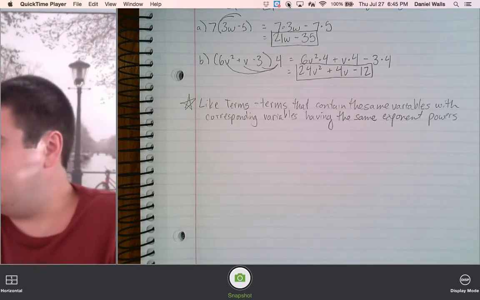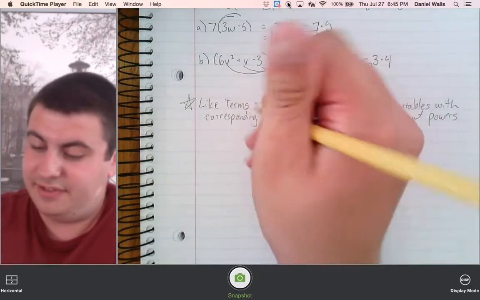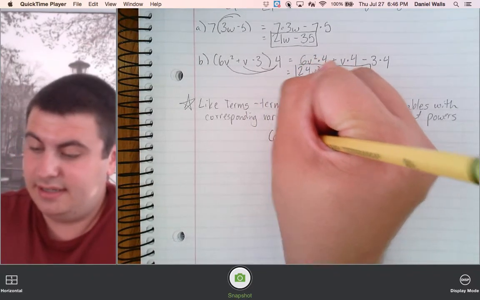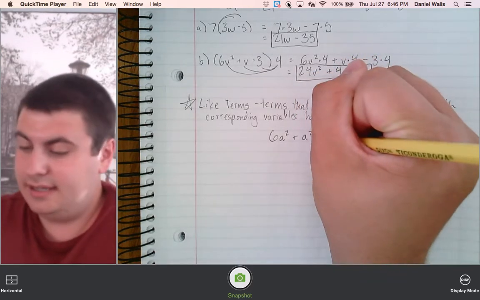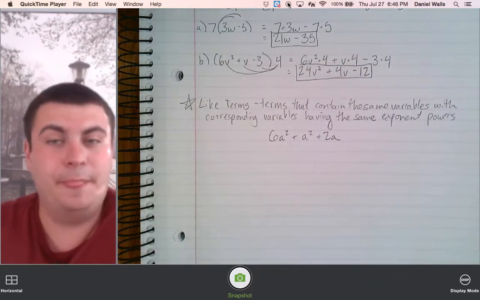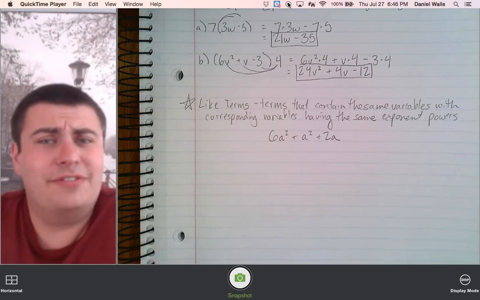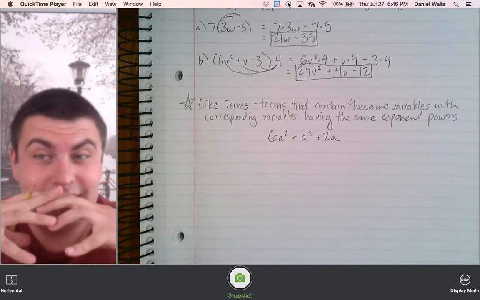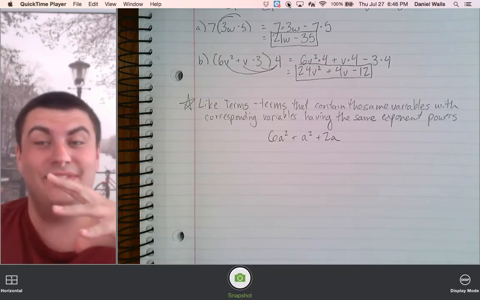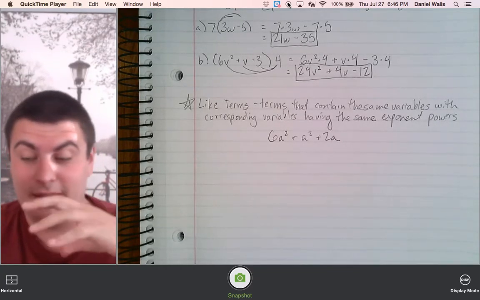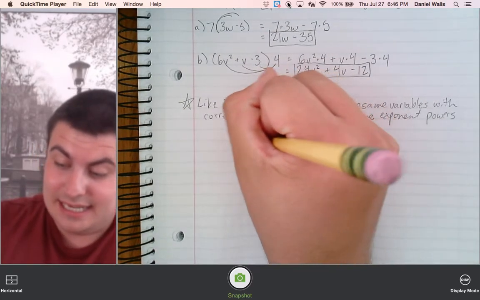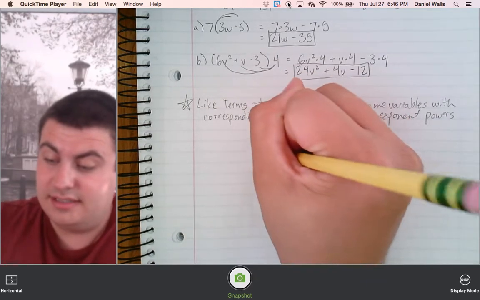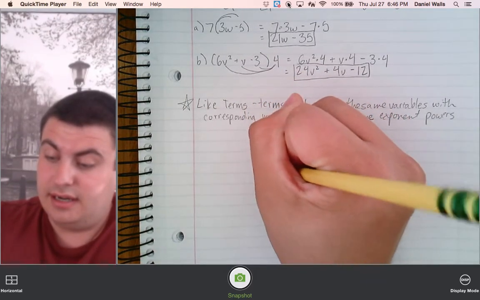So let's look at the expression 6a squared plus a squared plus 2a. We look for like terms, terms that have the same letters, and with those same letters they have the same exponent powers. We see that 6a squared and a squared are like terms.